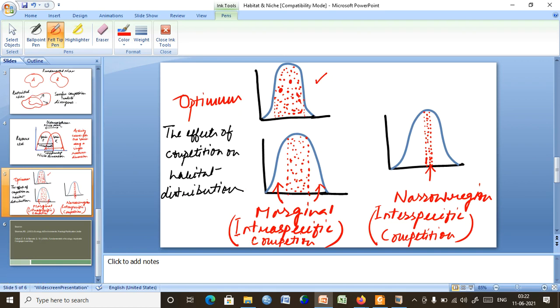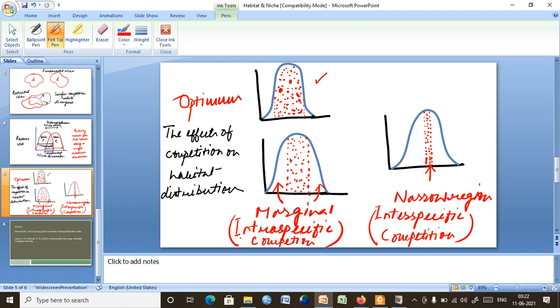In intraspecific competition, that is, within species competition, they tend to move into less favorable or marginal areas. The species are mostly spread out and are moving in the marginal areas.